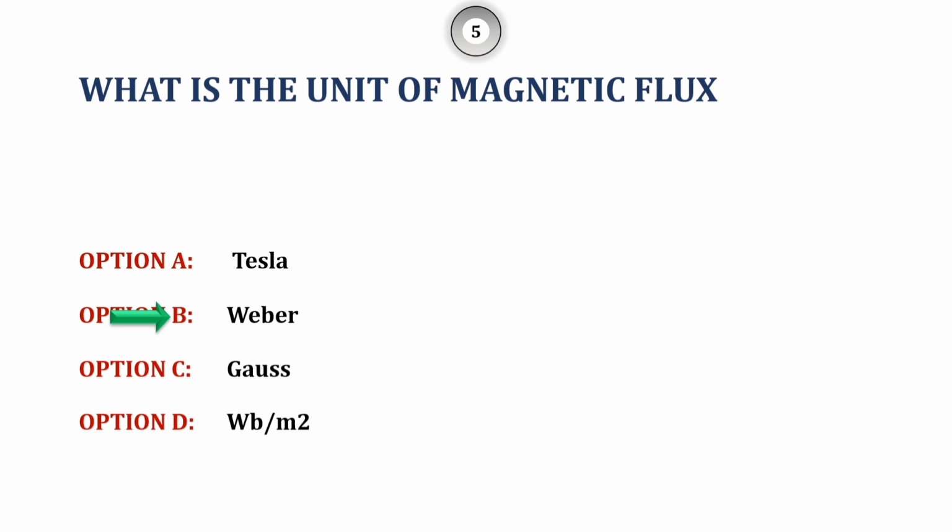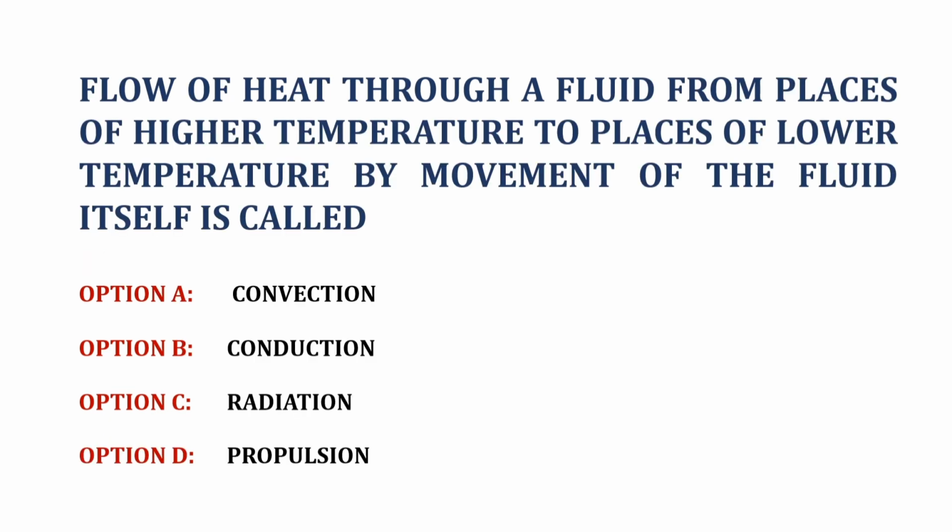Option B, weber. Flow of heat through a fluid from the places of higher temperature to the places of lower temperature by movement of fluid itself is called? Option A, convection.